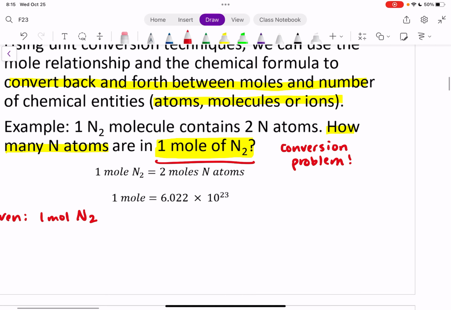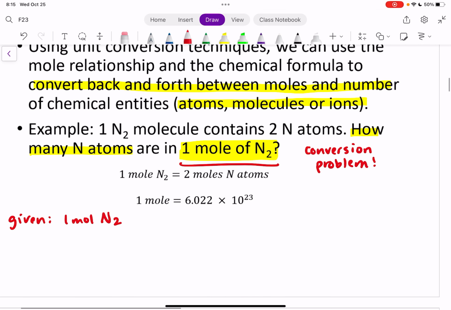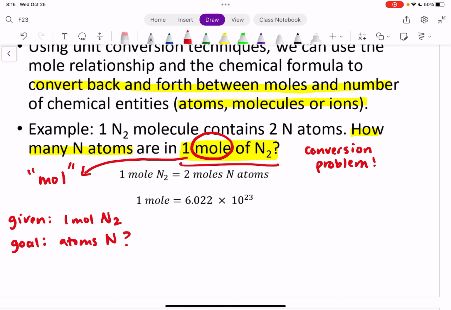Oh, and I apologize, you guys. I meant to mention first that mole can be abbreviated MOL. All right, so 1 mole of N2 is what I'm given, and my goal is to get to atoms of N. So in order to do that, we need to start with moles of N2.